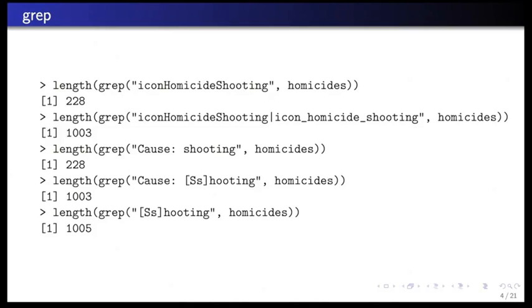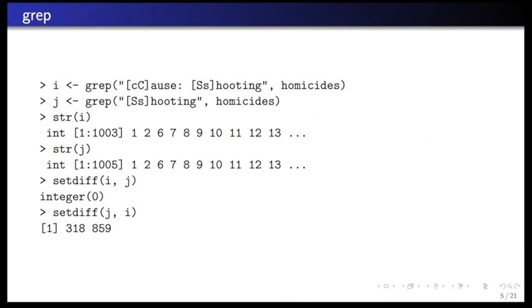If you didn't do all this, one of the things you might be tempted to do is just grep on the word shooting to look for all the ones where shooting was the cause of death. And you'll notice that actually returns 1005. So why are there 2 extra when you just grep on shooting? What I can do is get the indices of this vector where this matches.